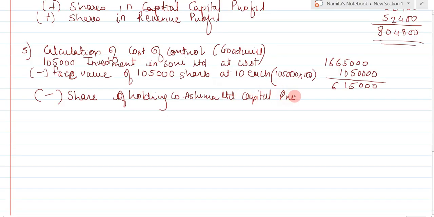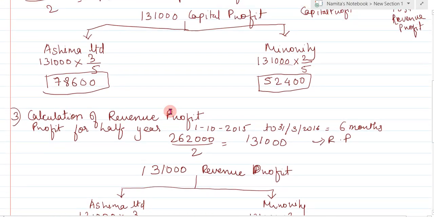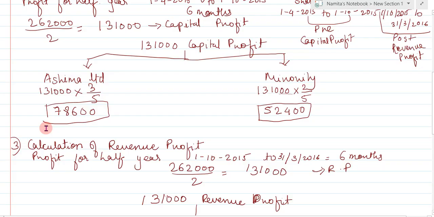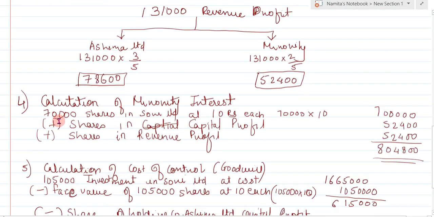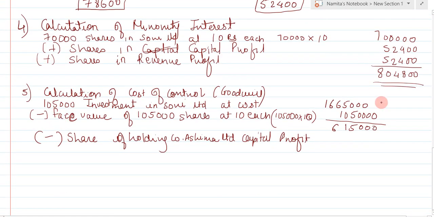What is the share of Anshima Limited in capital profit? It is 78,600. So reduce it from 6,15,000 by 78,600. The remaining is 5,36,400. So this is goodwill.